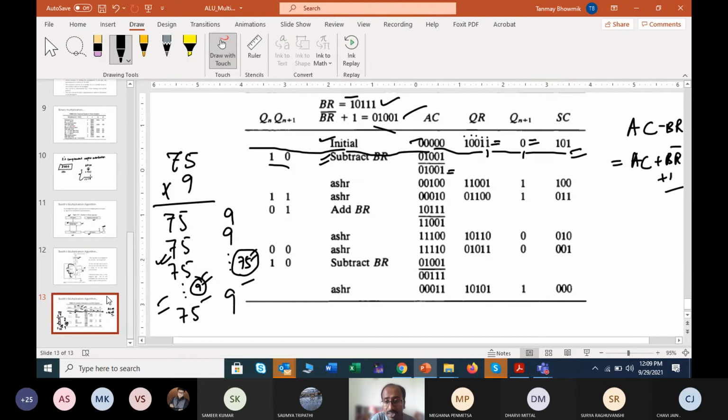Now look, whenever you are shifting, where does this Qn plus 1 get its 1 from? Because this one is shifted to this position, this 0 is coming here, this 0 is coming here, this 1 is coming here, and this 1 is coming here, this 0 is coming here, 0 1 0. So where is this 0 coming from? This 0 is coming from here.